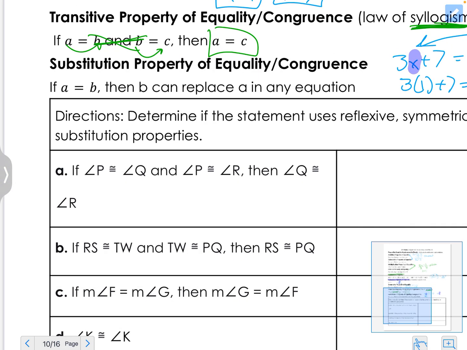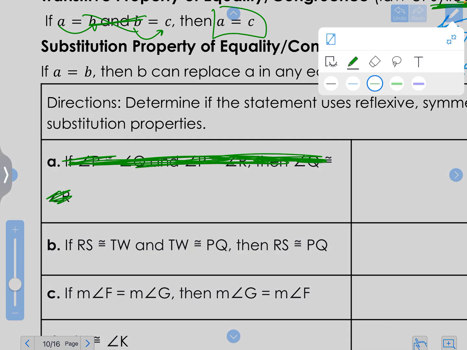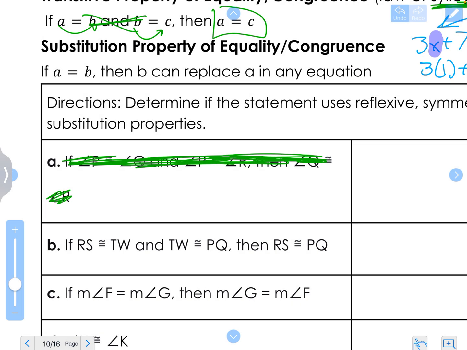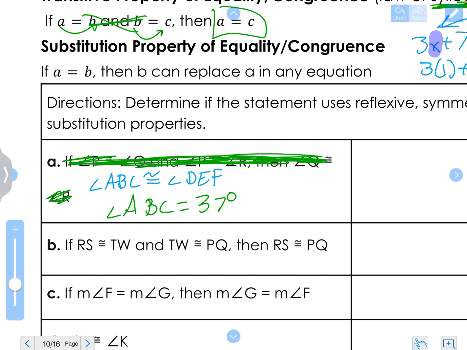I'm going to very, very quickly change this because it just makes things more confusing than they need to be. So if we have that angle ABC is congruent to angle DEF, and we know that angle ABC equals 37 degrees, what we can then do is say that 37 degrees equals angle DEF.